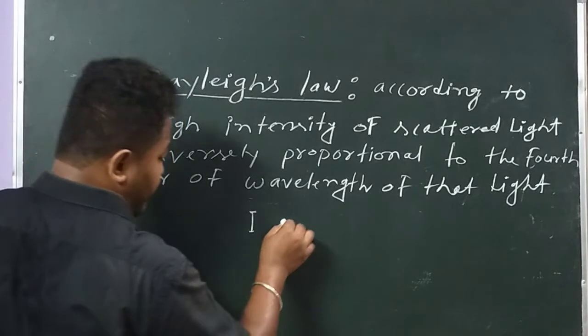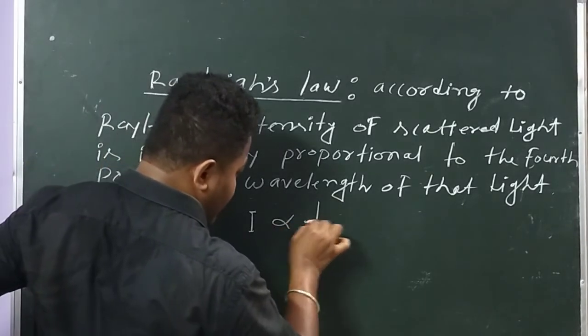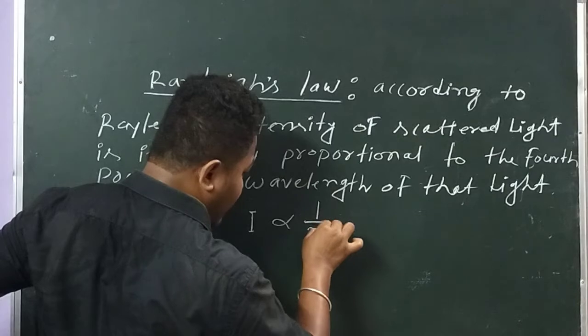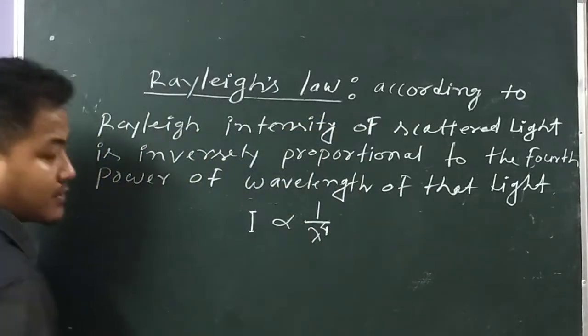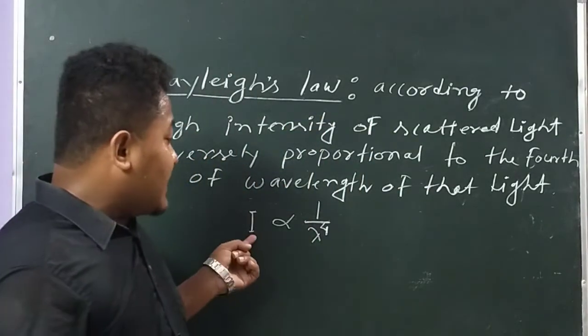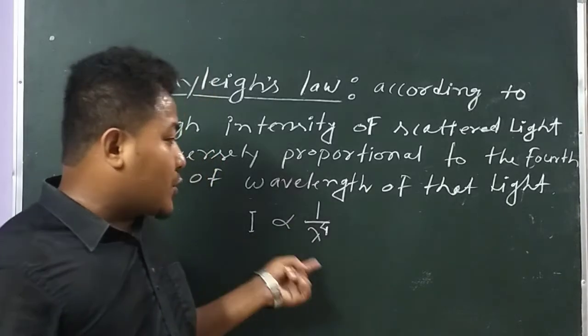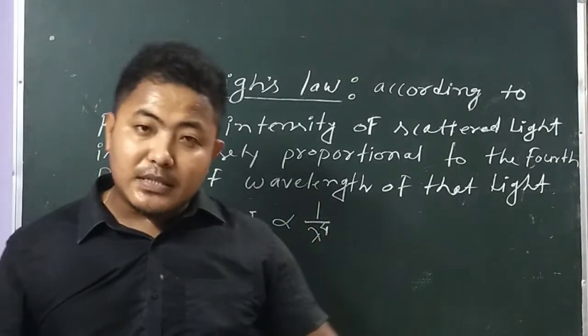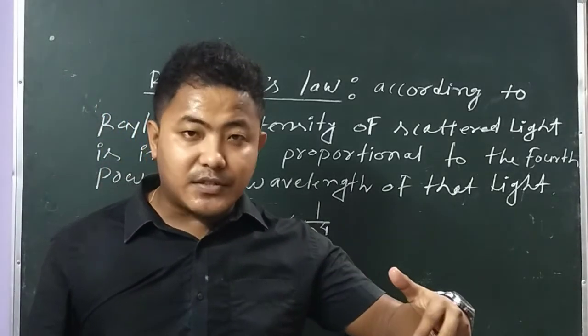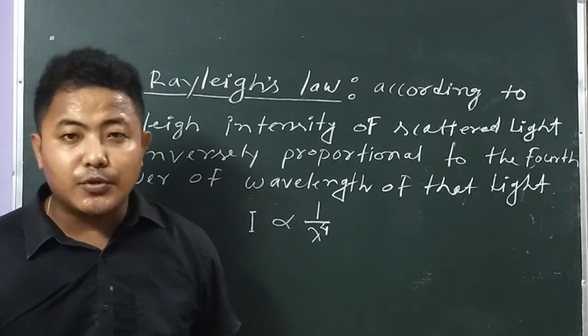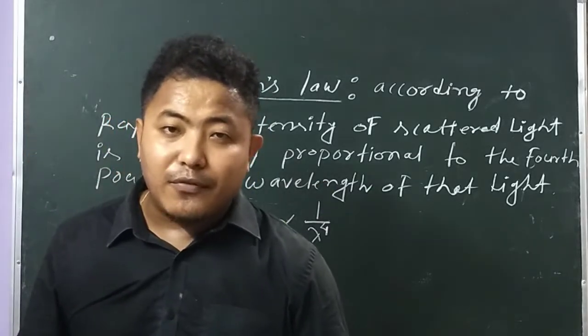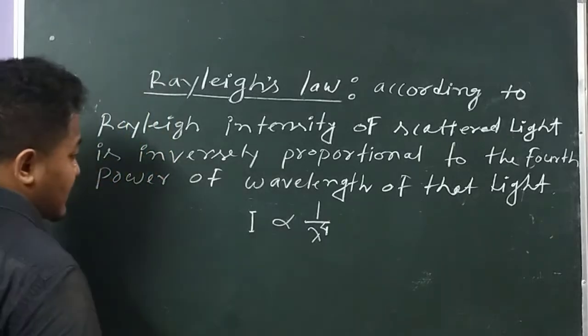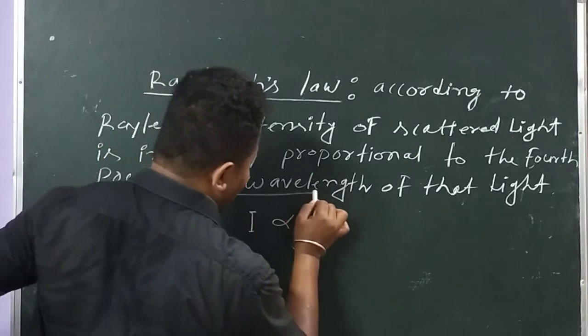So I is inversely proportional to the fourth power of the wavelength of that particular light. That is, I is proportional to 1 by lambda to the power 4. That means the intensity of scattered light is inversely proportional to the fourth power of the wavelength, and this is your Rayleigh's law.